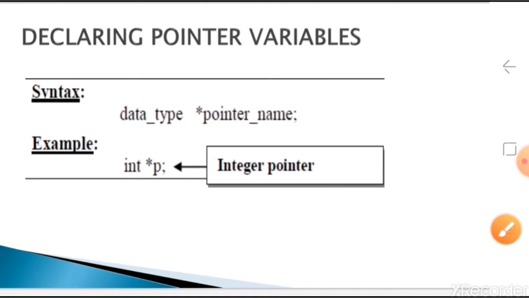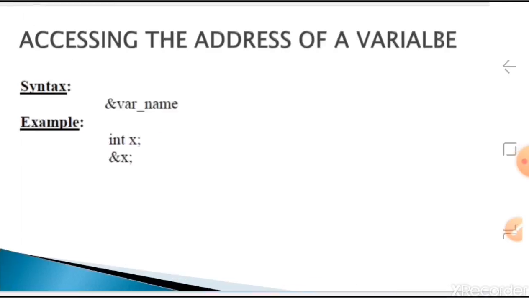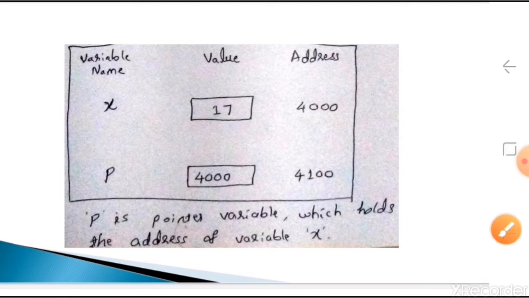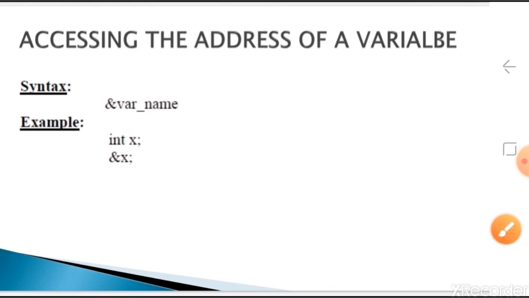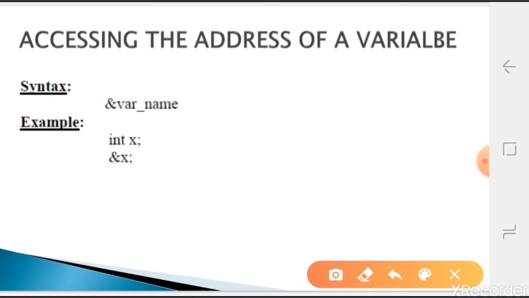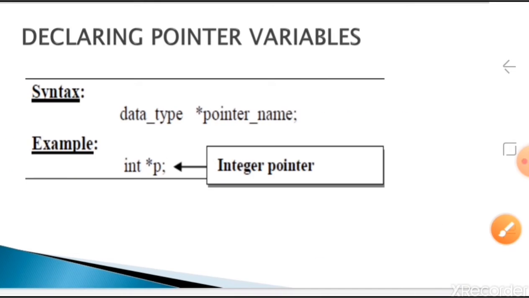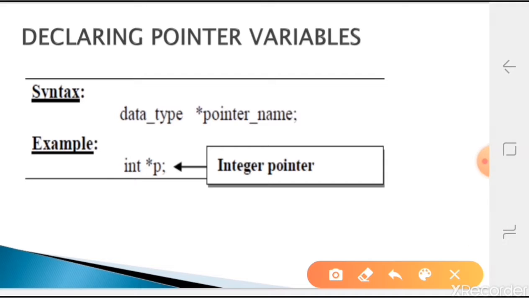Now we'll see how to declare a pointer. We got the address by using an ampersand before the variable. Now we'll see how to assign it to a pointer variable. Before assigning, you should first have that variable declared.